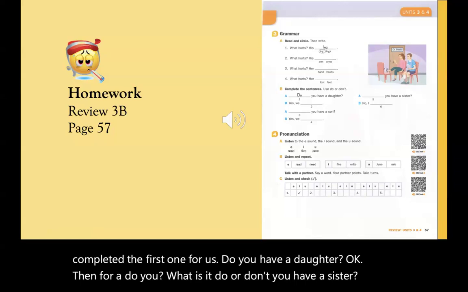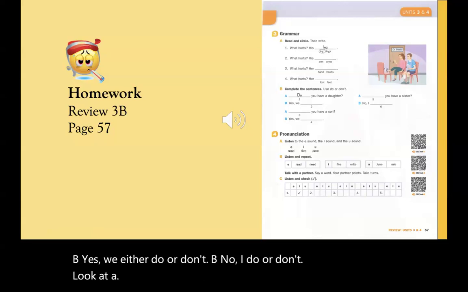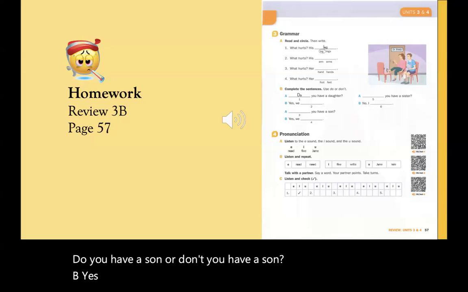B, yes, we either do or don't. B, no, I do or don't. Look at A. Do you have a son? B, yes, we either do or don't. Fill in the gaps.